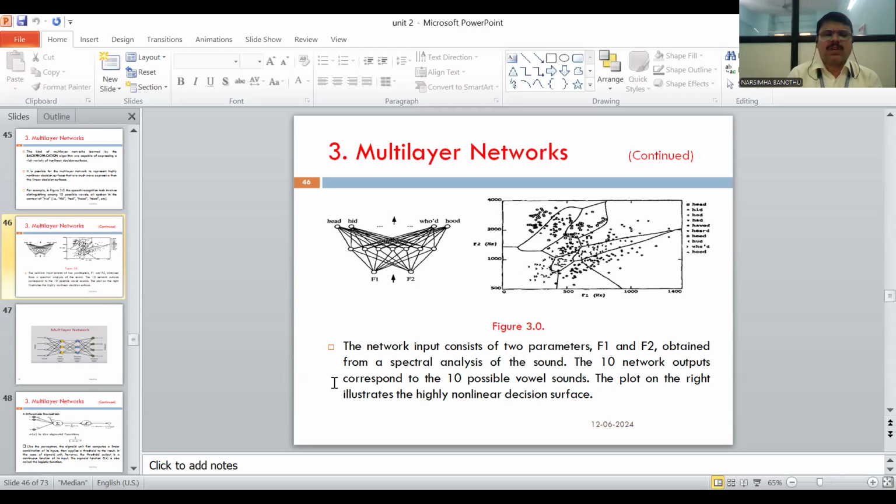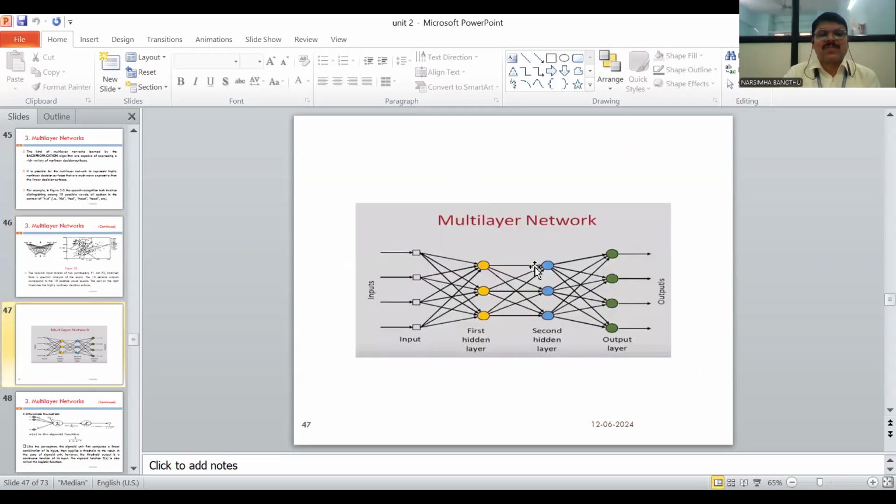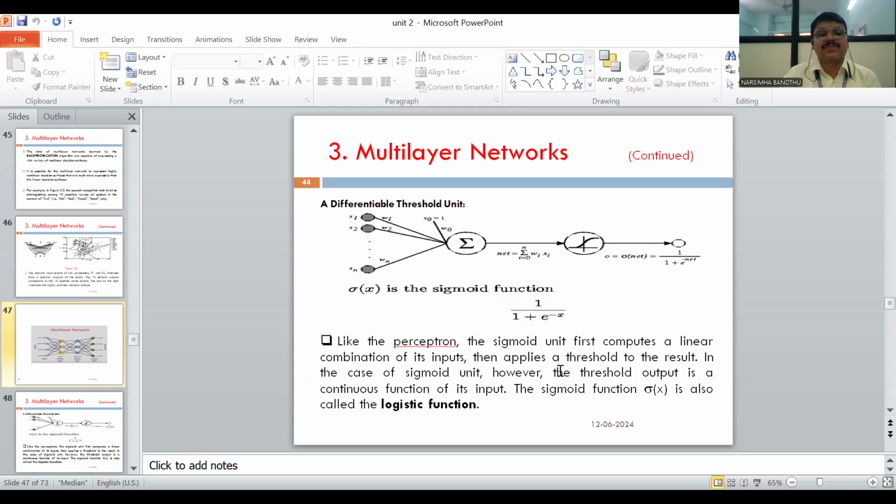The plot on the right illustrates the highly nonlinear decision surface. You can observe here the multi-layer network. Here we have the input layer, hidden layers, and output layer. In the hidden layers, again we have two: the first hidden layer and the second hidden layer.